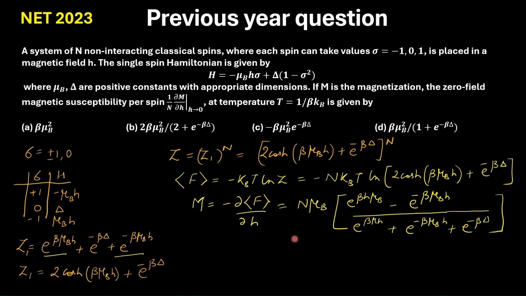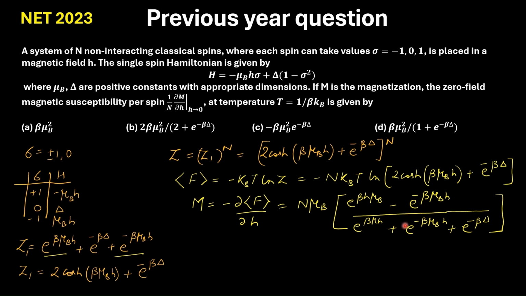Now what you have to do is, here they have given H tends to 0, magnetic field tending to 0. So if H tends to 0, then these exponent terms will be very small. So you need to do the expansion of the exponential.